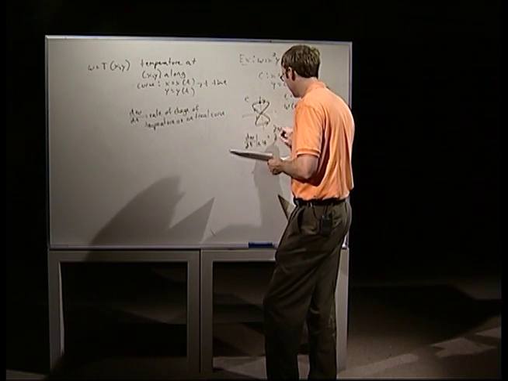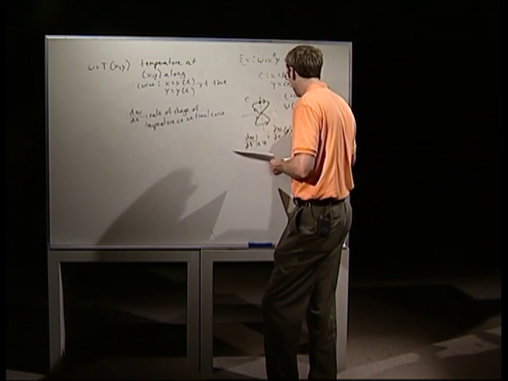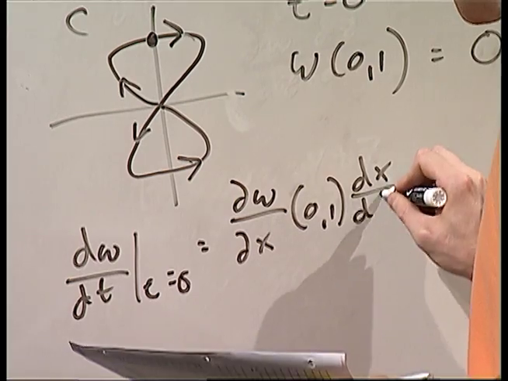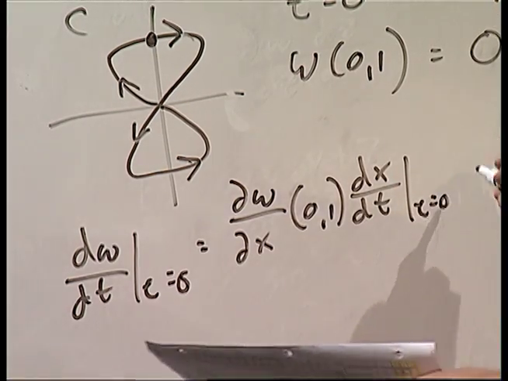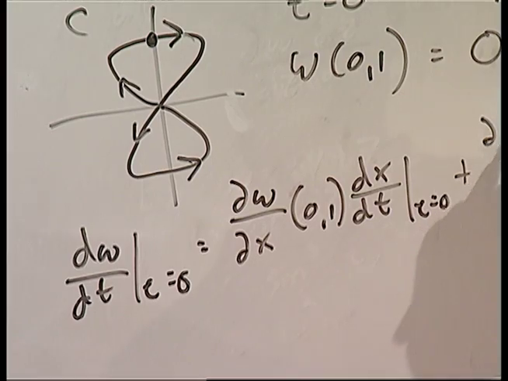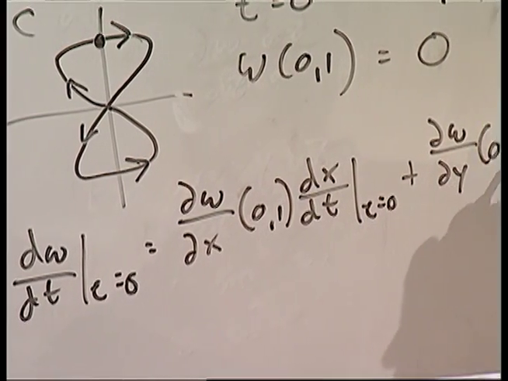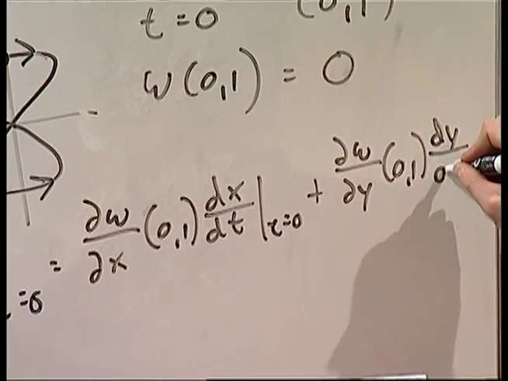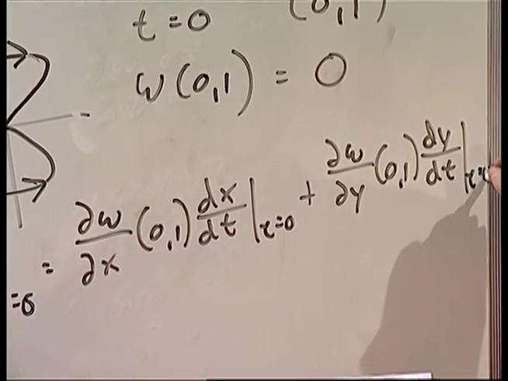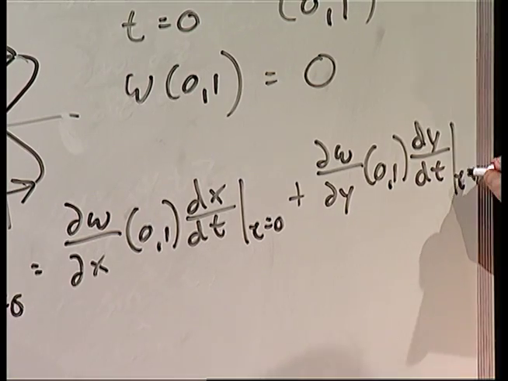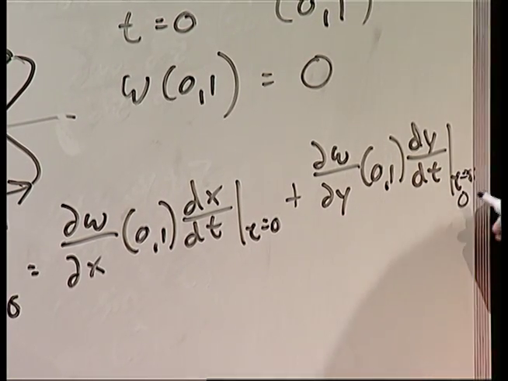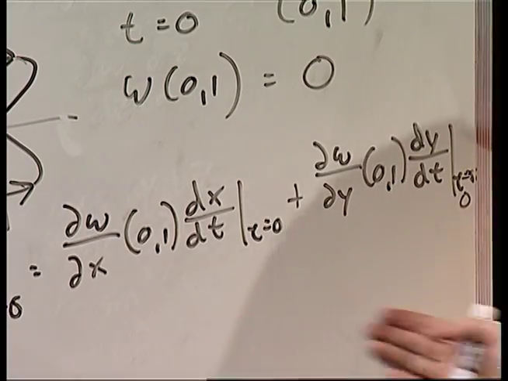It's partial w partial x at 0, 1 times dx/dt at t equals 0, plus partial w partial y at 0, 1 times dy/dt at t equals 0. So there's this expression.